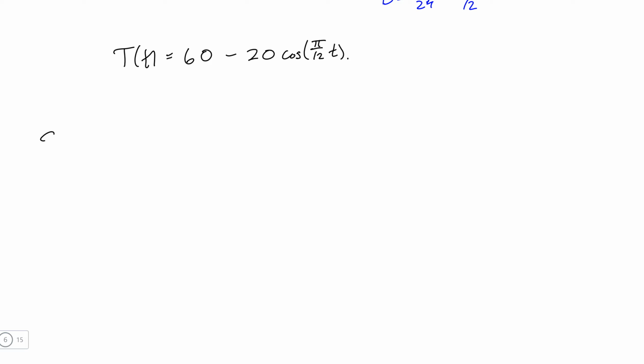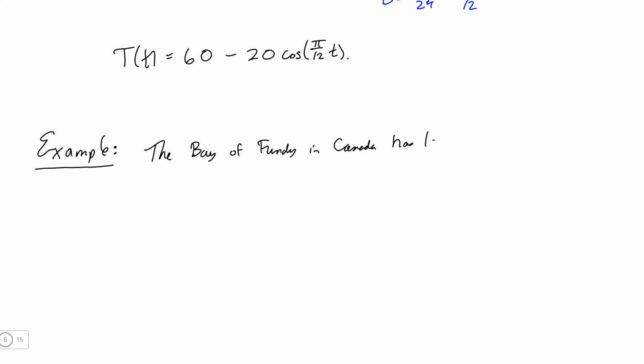Let's try another example now. So we're going to look at the Bay of Fundy in Canada. So this has the largest tides in the whole world.